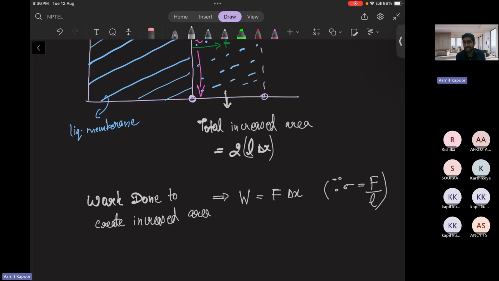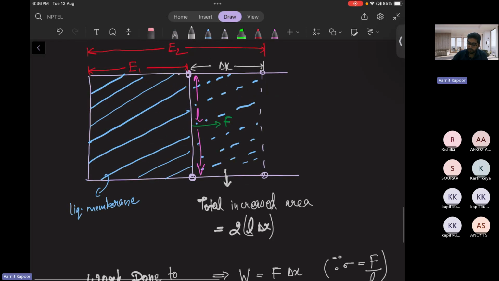So force will be sigma into L. This was your force and this is your L. Both are perpendicular, and here the surface tension is acting.